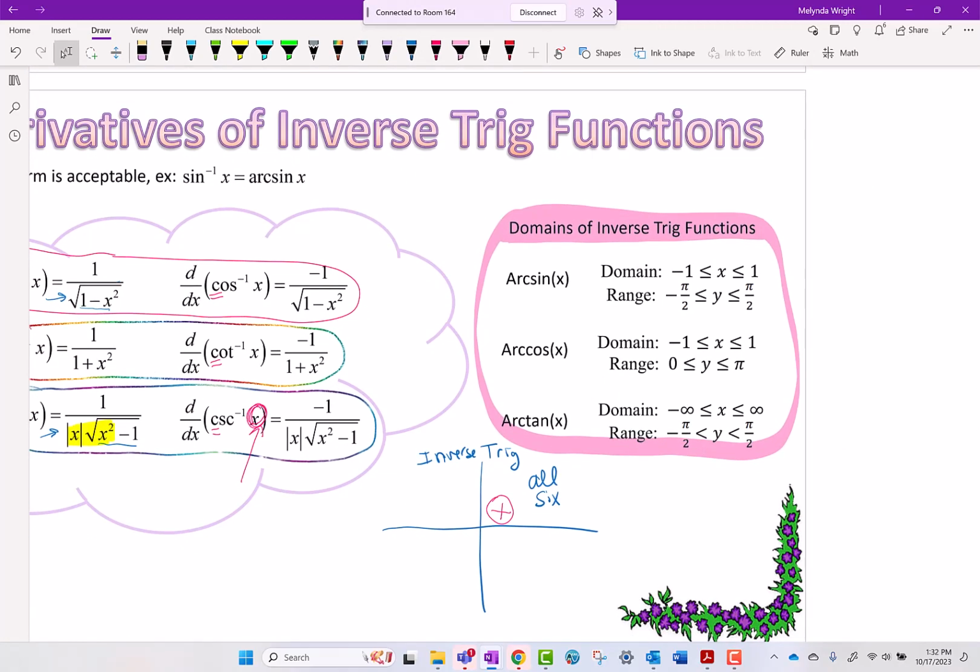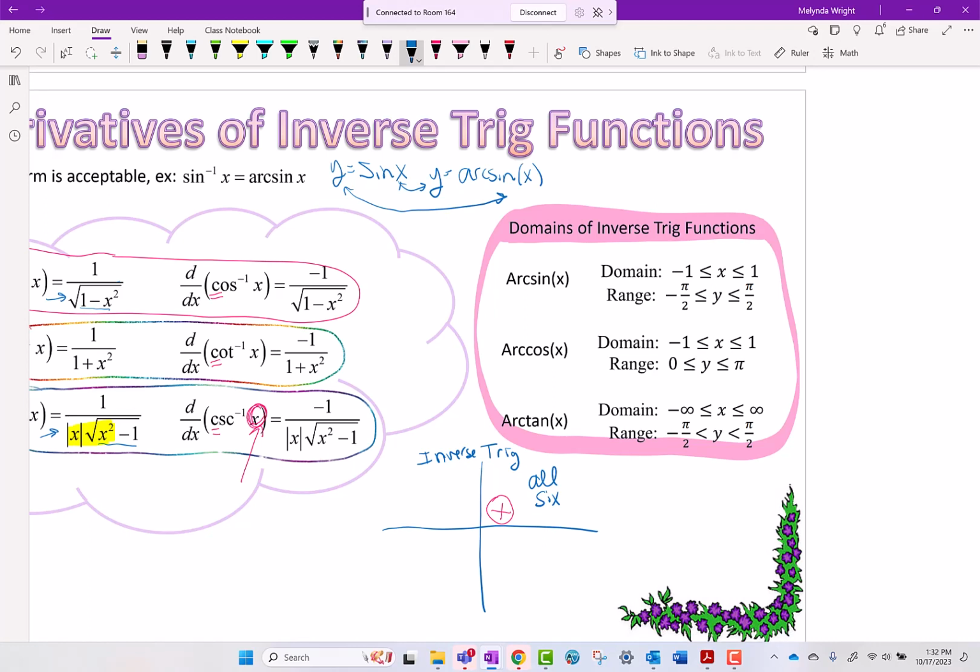So let's remind ourselves about inverse. What do we know? y equals sine of x, right? For arcsine, the x's and the y's switch. That's what we know about inverses. The x's and the y's switch.